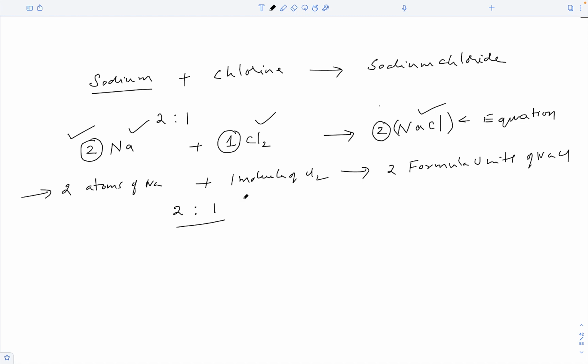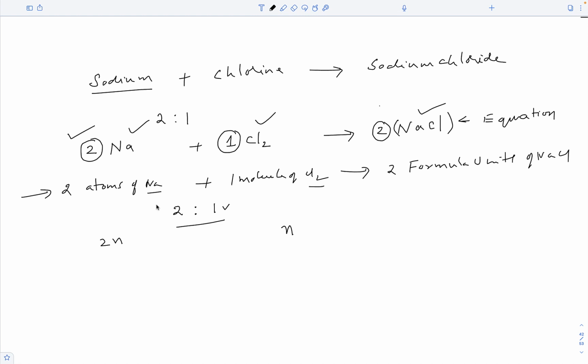Okay, good. Let us go shopping for some sodium and chlorine. All we have to do is buy sodium atoms and chlorine molecules in the ratio of 2 to 1. So if we buy n chlorine molecules, we have to buy 2n sodium atoms. But nobody will be able to help us because there are no particle counters in these shops.